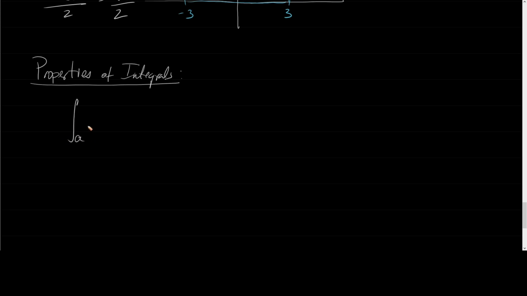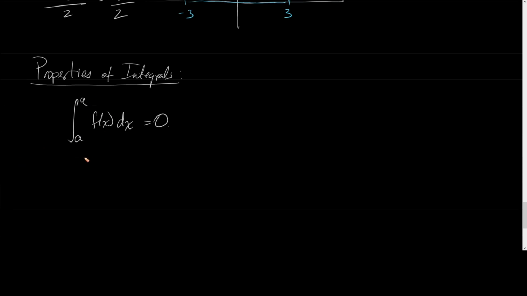If I take the integral from a to a of f of x dx, that is 0. And that should make sense, right? Because we were using a whole bunch of these rectangles to talk about the integral. And if I'm going from a to a, well, that width is just 0. So we're not really adding anything up there.